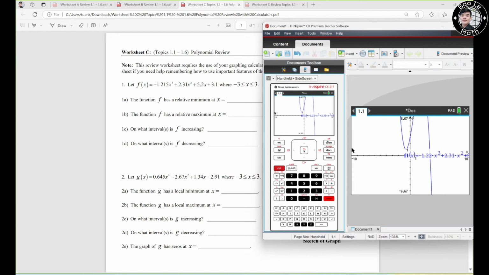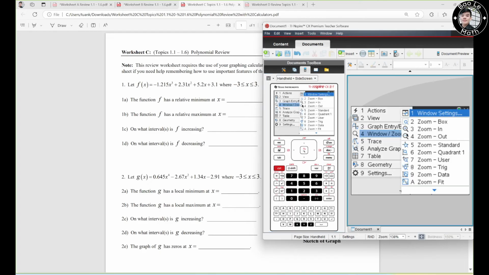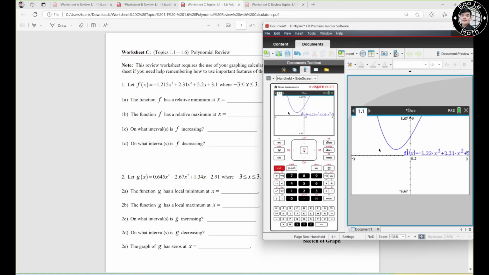Alright, so we need to hit menu, window, zoom right here. And then we're going to go to window settings. Right here, as x min we put negative 3, and as x max we put 3, right? And y min and y max, we just leave it. So we hit enter. So it's going to be like this.